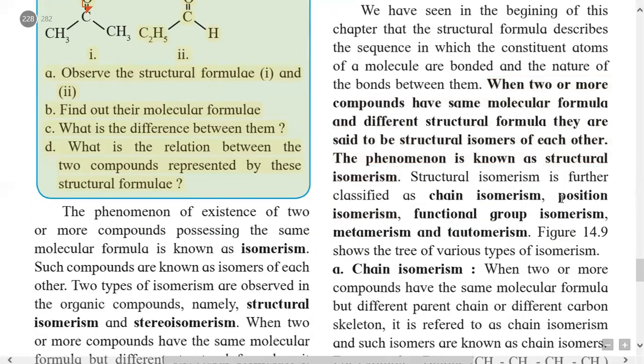Structural isomerism is divided into different types.